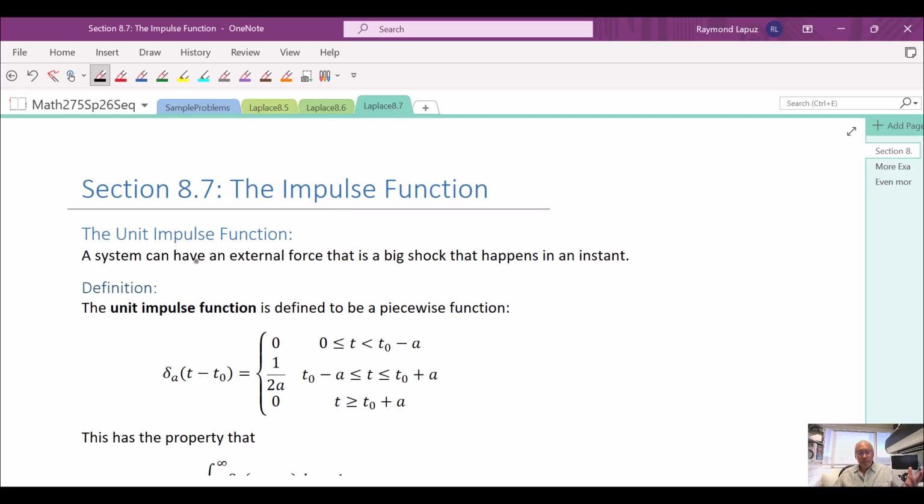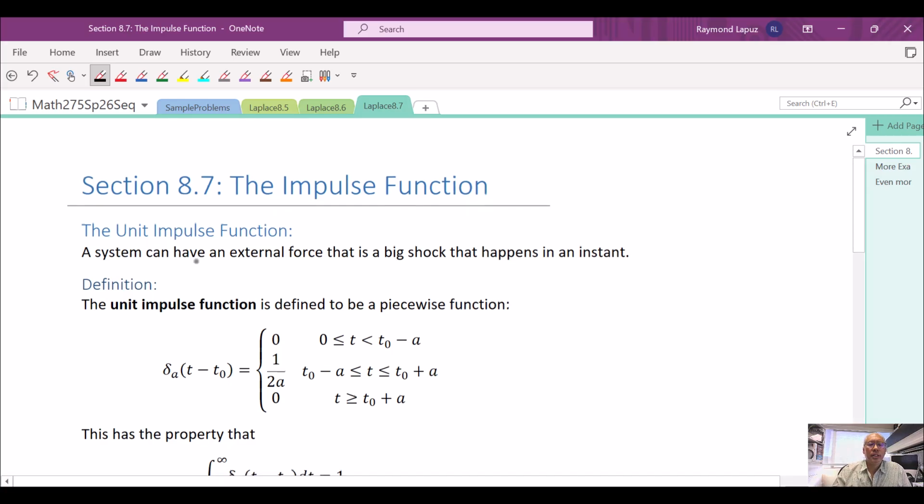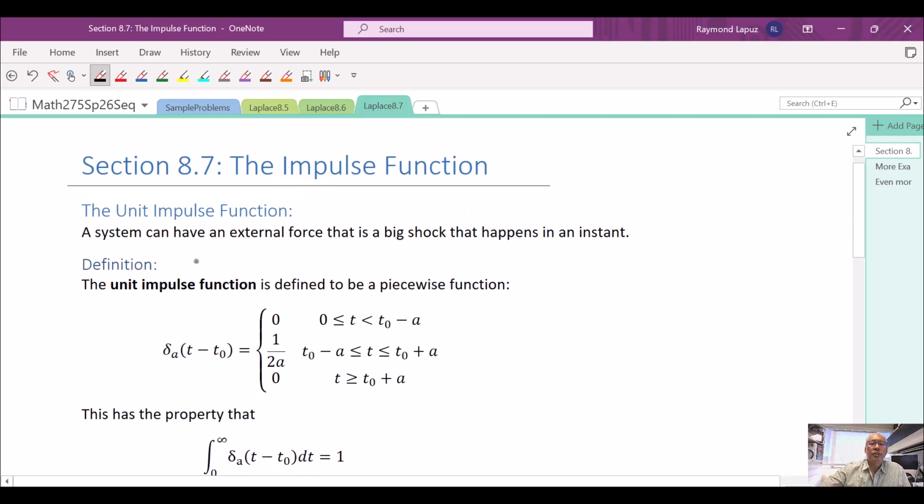All right, mathematically, let's try to define it with a unit impulse function. The unit impulse function says that if you have a graph, and this is some t naught over here, from 0 to t naught minus a, so some distance a little bit to the left of that, and then another distance a little bit to the right of that, all this time here, your graph will be equal to 0.